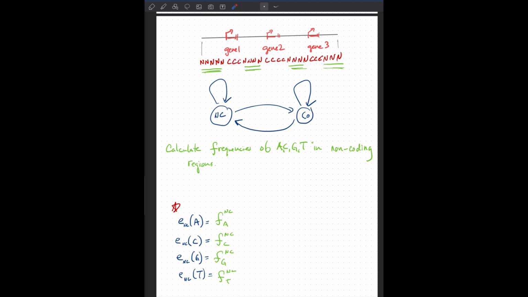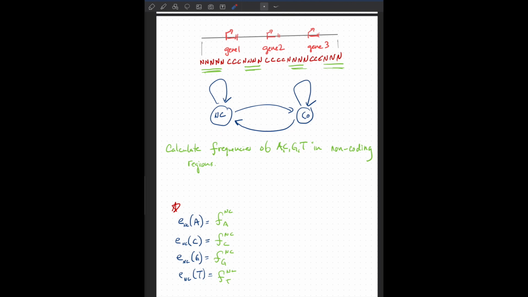Well, one way to do it would be to look at regions that we know are non-coding. And so we would take this region, and this region. This might be from our example set of a closely related organism, or from regions of the genome that have been well studied.